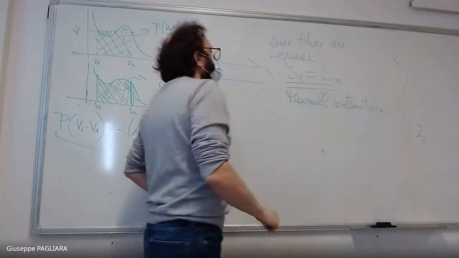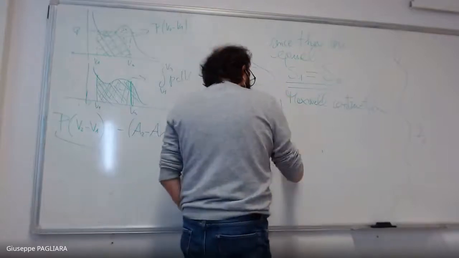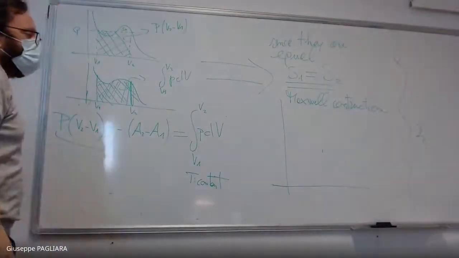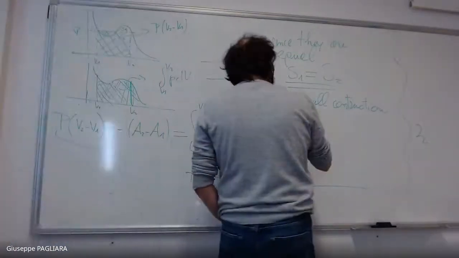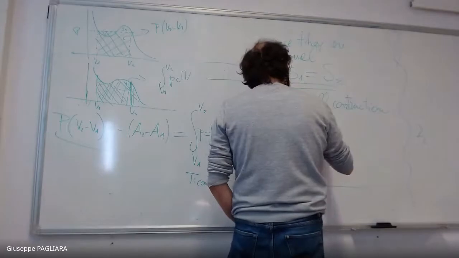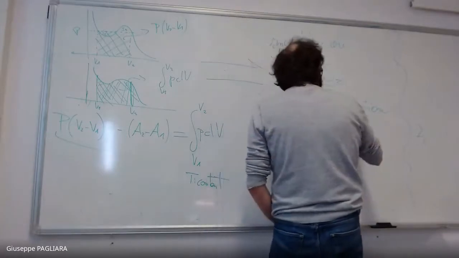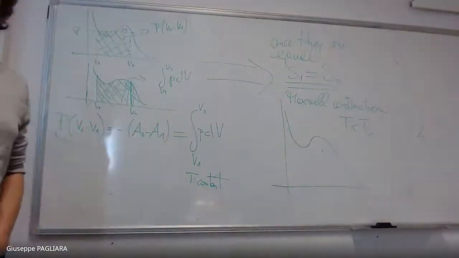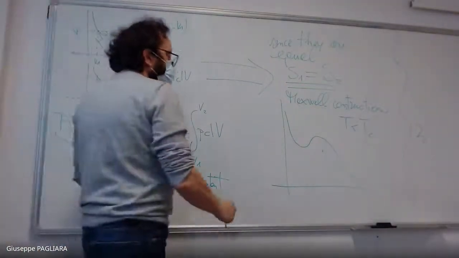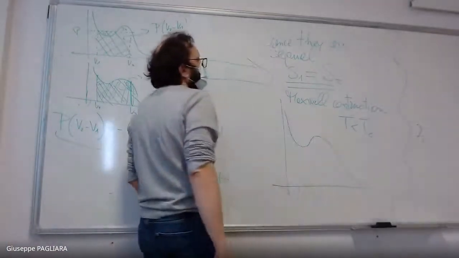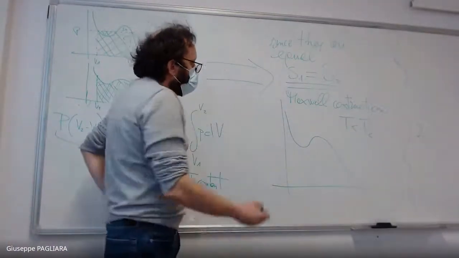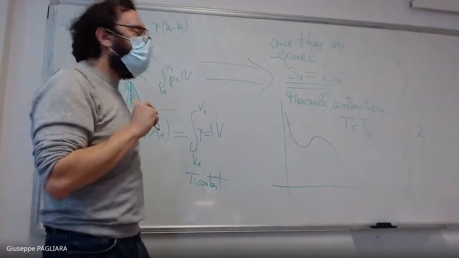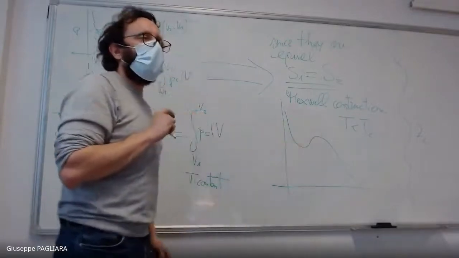It provides a phenomenological way to cure the mechanical instability predicted by the van der Waals equation of state, which is the following. Suppose that I take a line here with T smaller than Tc, for which we have this nice behavior. Then the Maxwell construction tells me that I have to set a value of the pressure for which the areas S1 and S2 are equal.